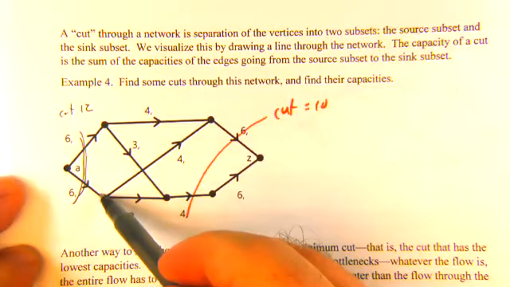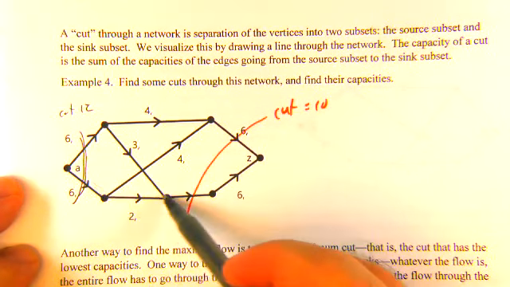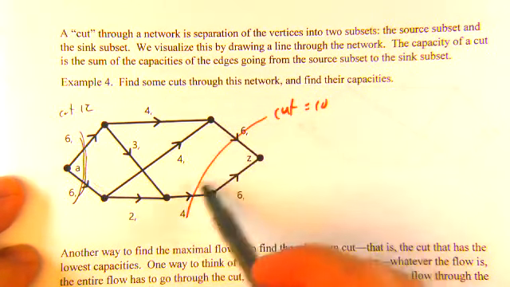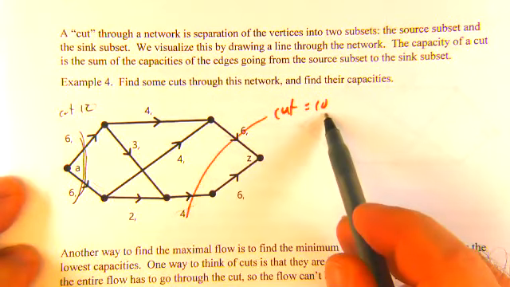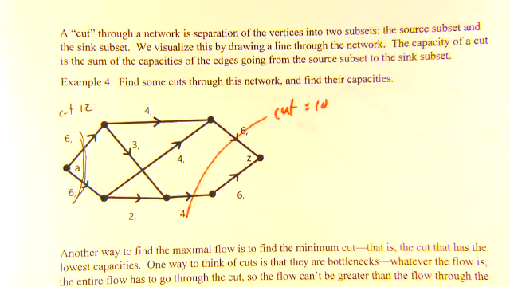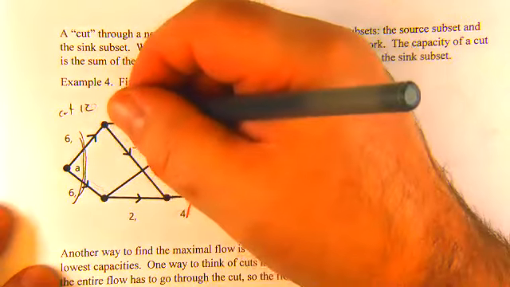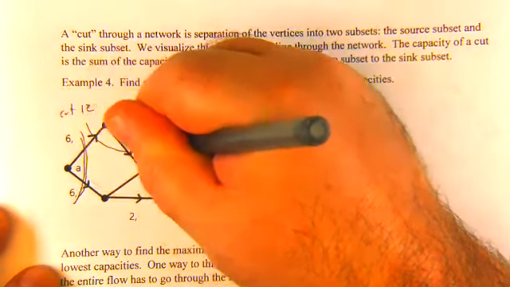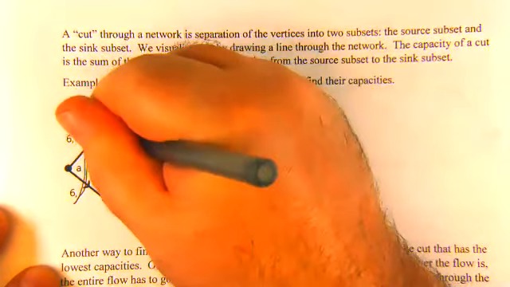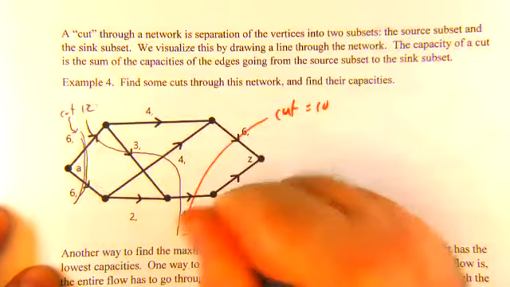We can put 12 units in through here, but as the water flows through here, we'll get a backup at these two because we've got two more coming in than this cut can handle. We can also do some kind of weird looking cuts. We could do one that goes like this. This cut is 12.